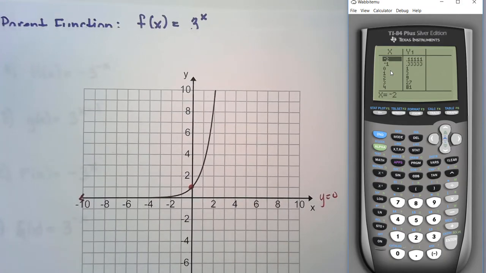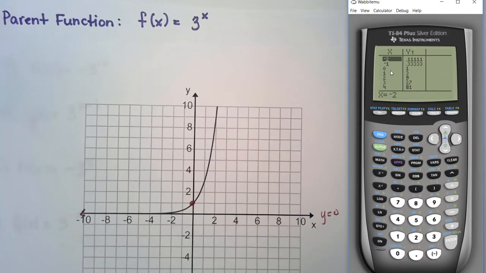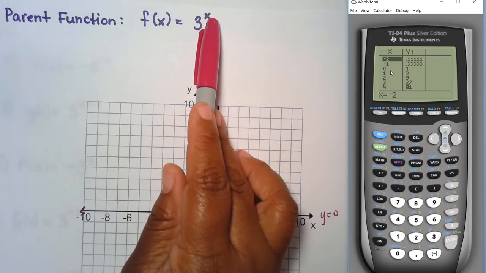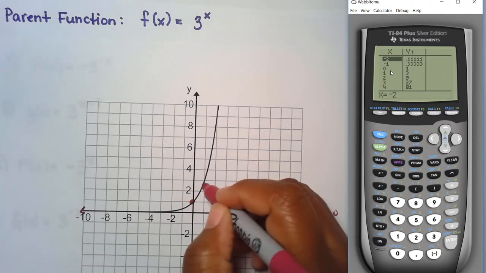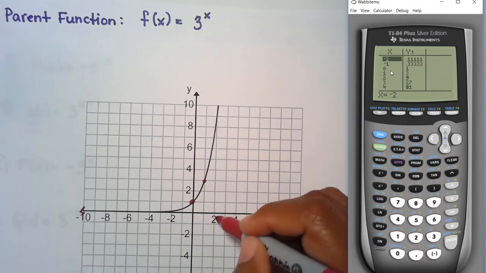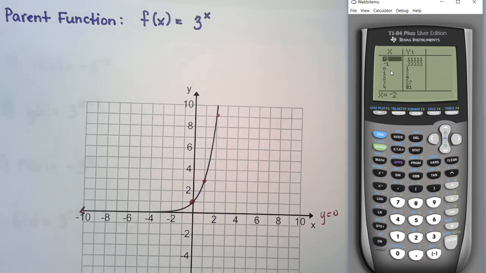So being able to graph this, you can create an xy table and plug some values in for x. So 3 raised to whatever that power is. We have 3 when x is 1. When x is 2, we have 9. And we can go to the left.